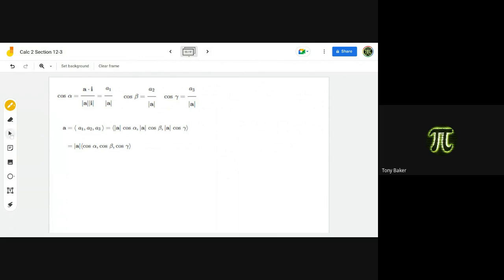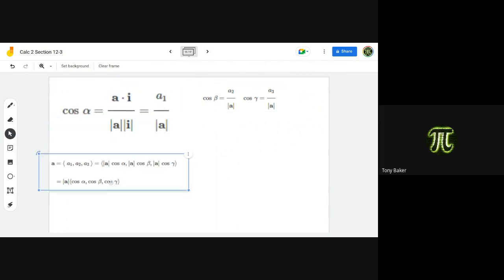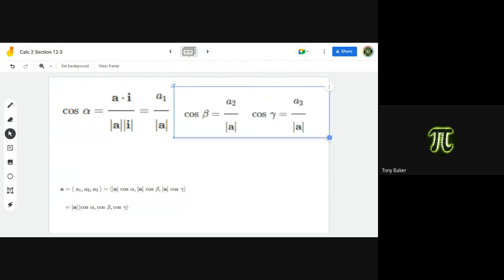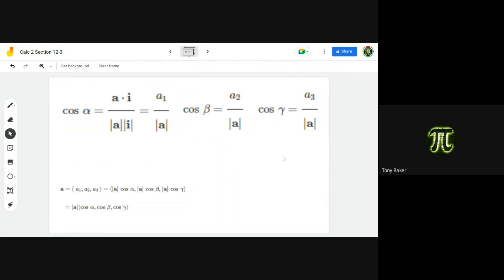So when I'm doing it, we have the pieces. The only parts that matter is the correct place. So if we're looking at the i, we're just looking at the first term in the vector. If we're looking at the j, we're looking at the second term of the vector.